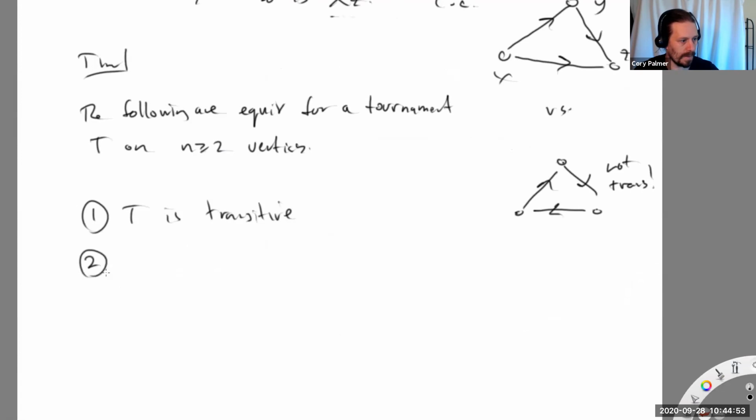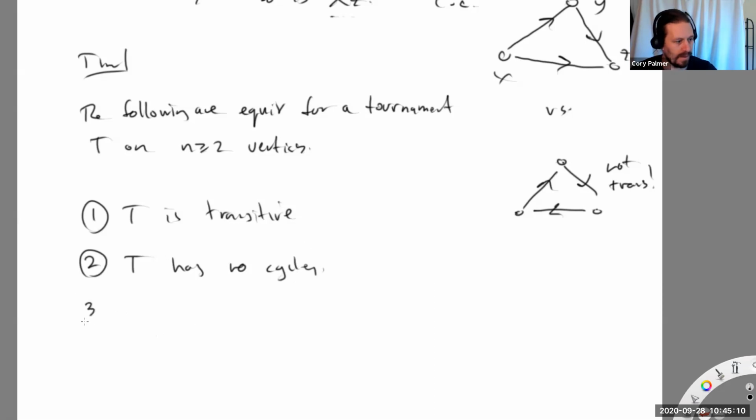Number 2 is that T has no cycles. If you're transitive, then you can't have a directed cycle at all. That's pretty easy to see.